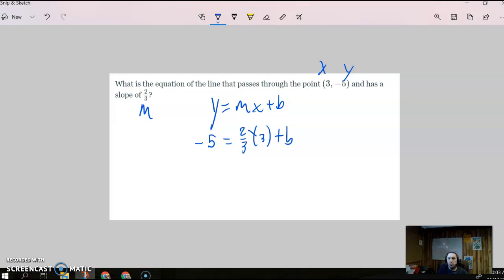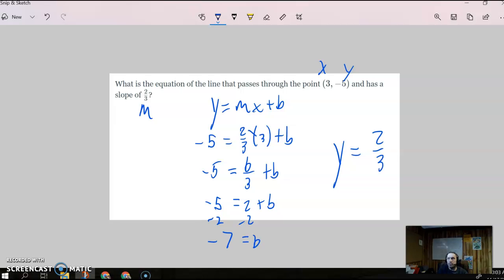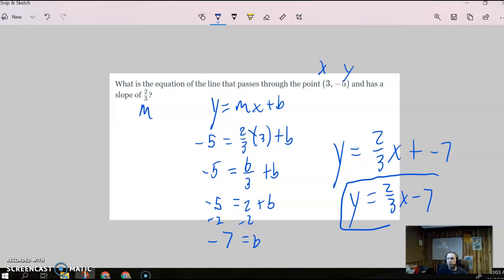Well, 2 times 3 is 6 over 3. 6 divided by 3 is 2. I subtract 2 from both sides to get b all by itself. b is negative 7. So then my equation, y equals my slope, which they gave to us, 2/3 x plus the y-intercept, negative 7. But I don't like writing it like that, so y equals 2/3 x minus 7. That is the fully simplified form.